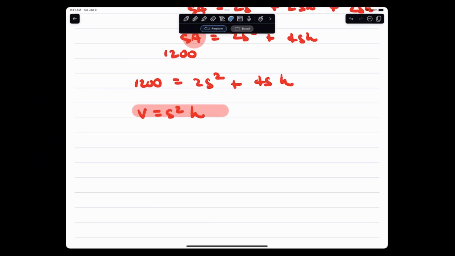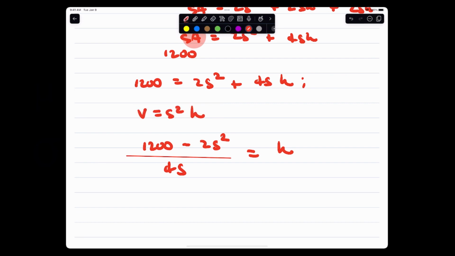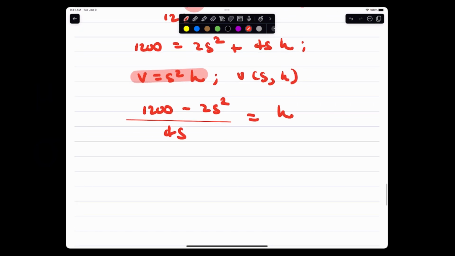Let's hope we don't really mess it up. 1,200 minus 2S squared over 4S equals that H. Is that true if you solve for H? Because you might say, why is this an issue to maximize the volume? Because volume is now a function of S and H, two variables. You need to create a one variable function.